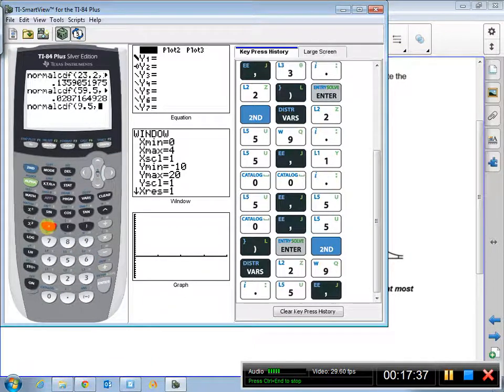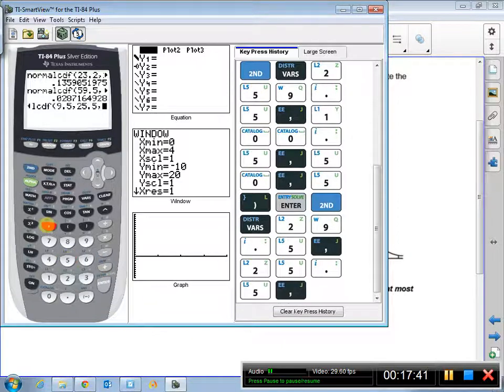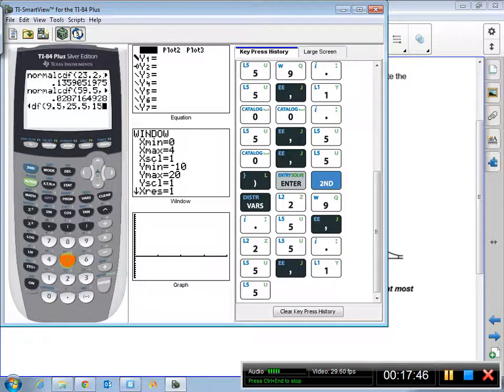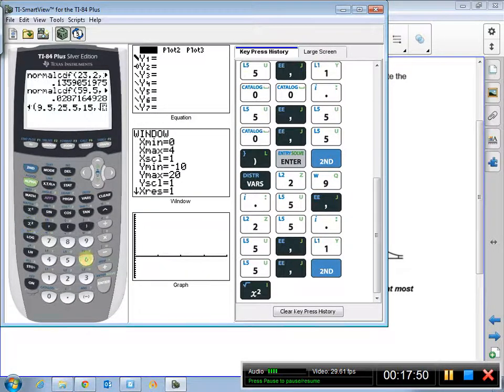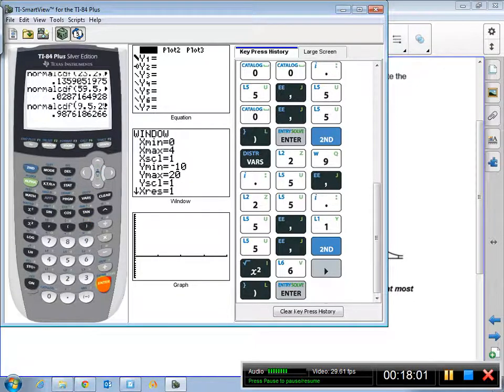The high was 25.5. The mean was 15. Don't forget your commas. And the standard deviation was that crazy square root of 6. Pop it out of there, close it up and hit enter. So the probability that that would happen, very high, 0.987.